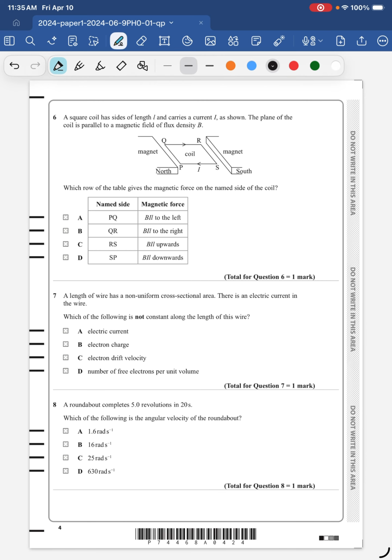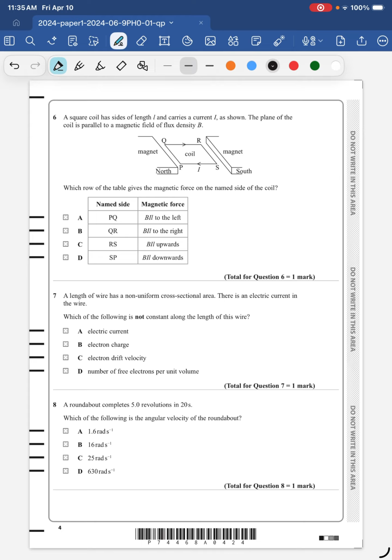Question 6. A square coil has sides of length L and carries a current I as shown. The plane of the coil is parallel to a magnetic field of flux density B. Which row of the table gives the magnetic force on the named side of the coil? We have a table with two columns.